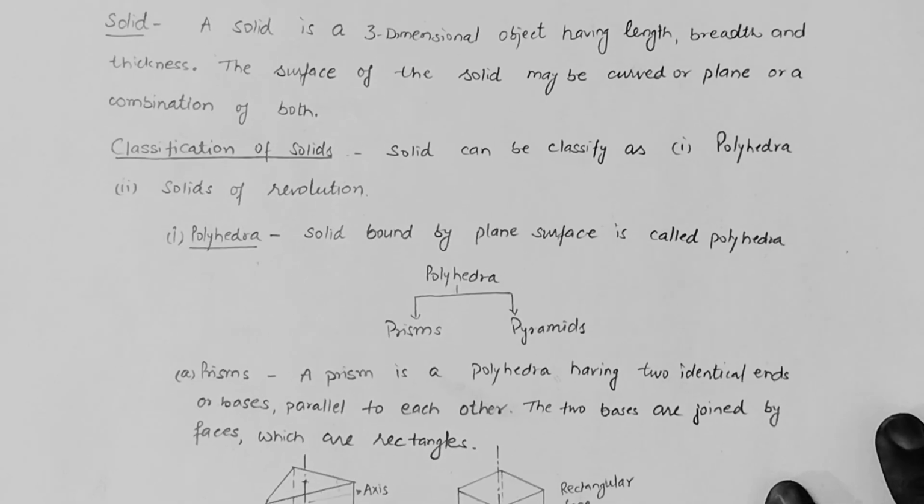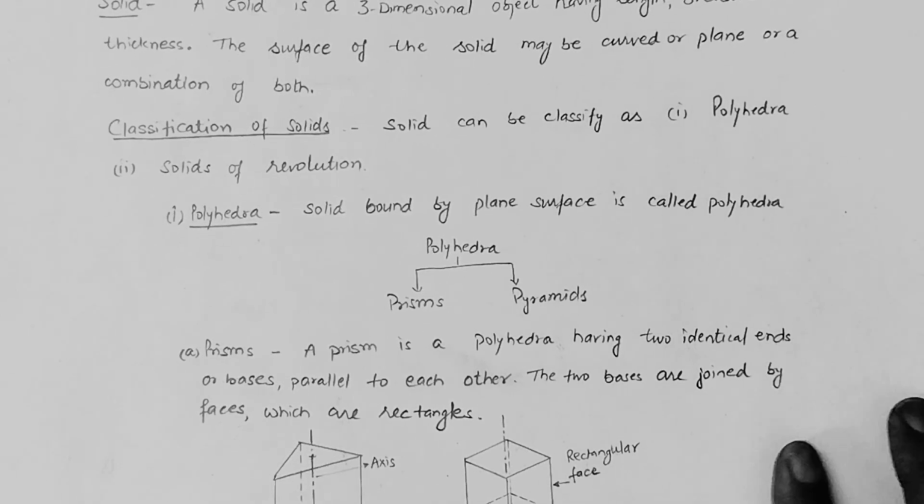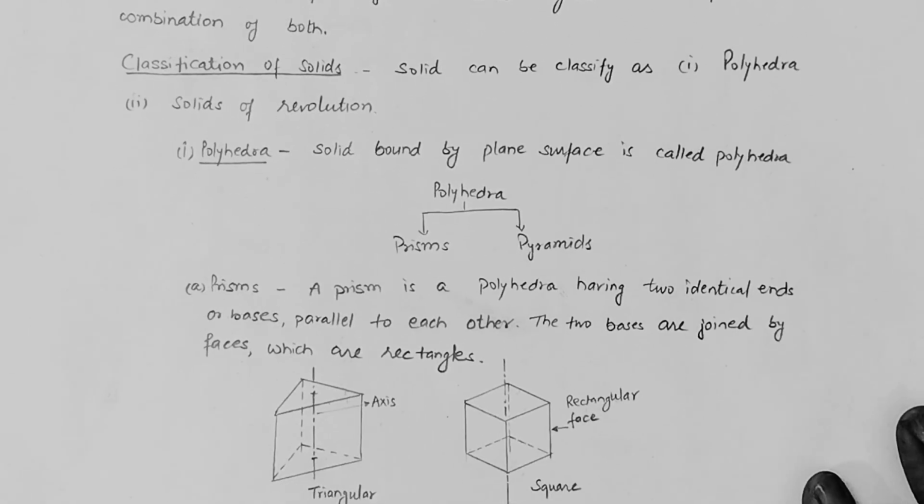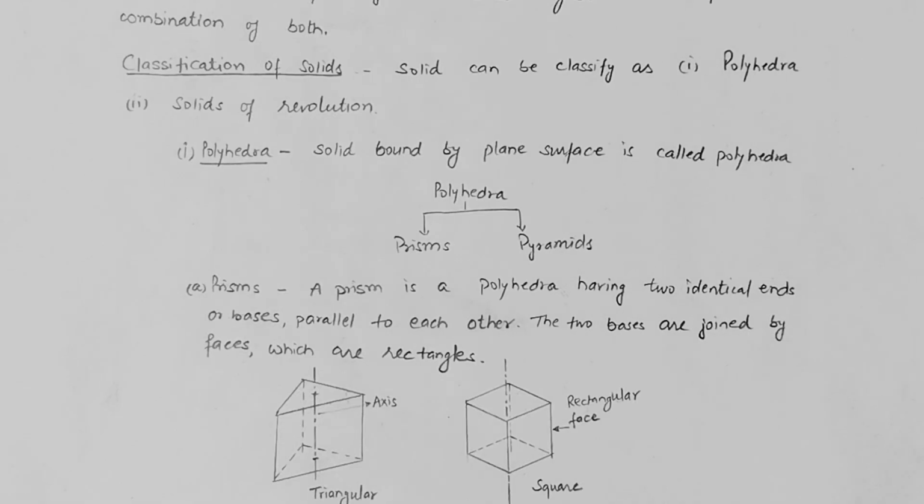A prism is a polyhedra having two identical ends or bases parallel to each other. The two bases are joined by faces which are rectangles. You can see in this diagram, here is triangular prism, square prism. Here the bases are in triangular shape, one top, one bottom.